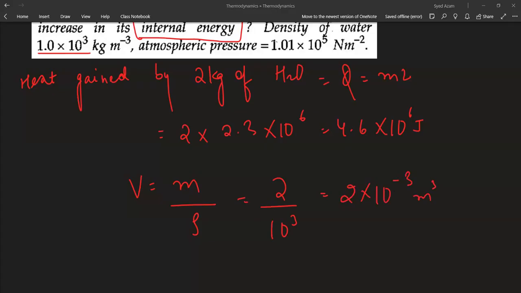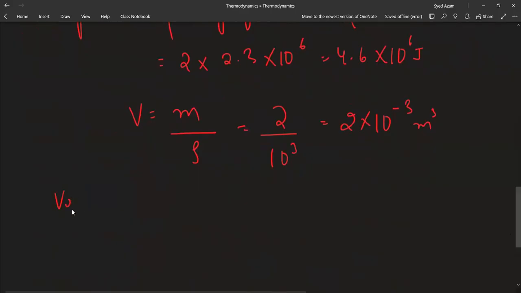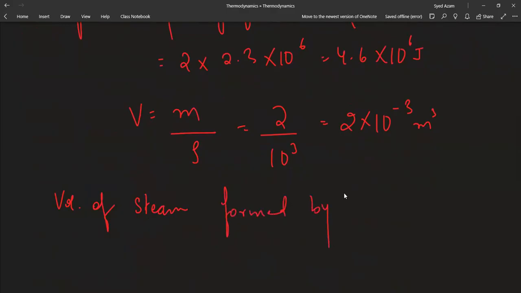Why do we need the volume? This is saying the volume of steam formed by 1 meter cube is already given. It was given as 1671.